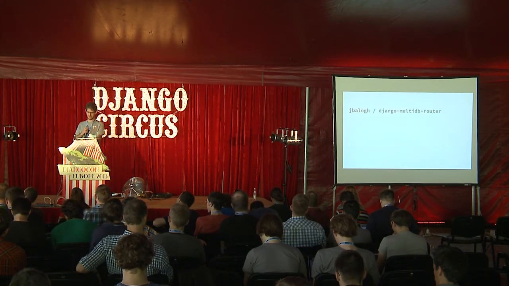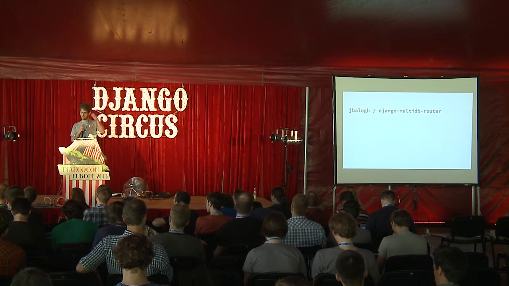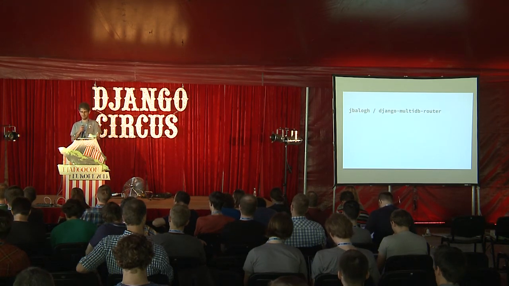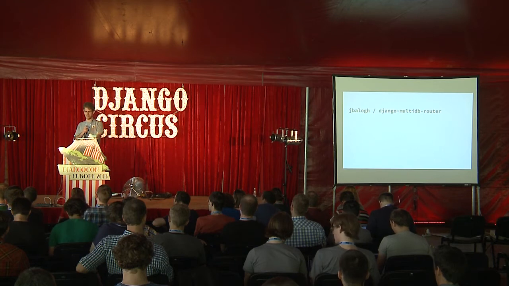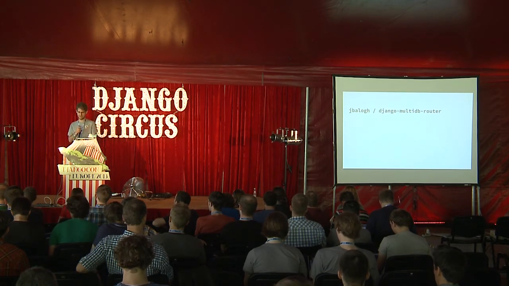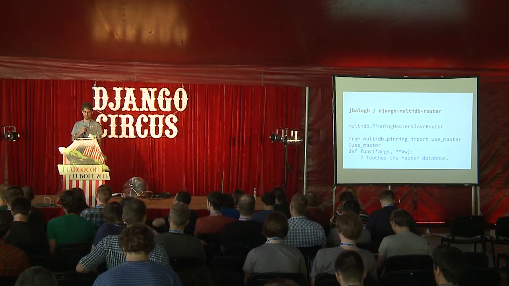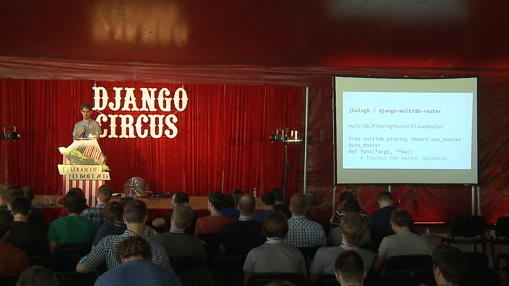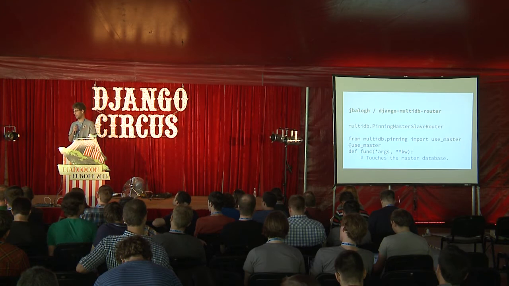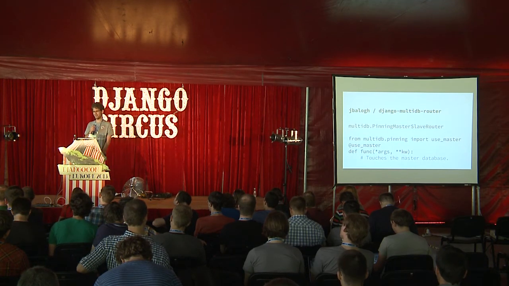And also, when preparing this talk, I found Django multi-DB router. It's really nice if you have a request-response based application. There is a pinning master slave router, which uses thread locals. Maybe that's not a nice thing, but you don't need to look at it.